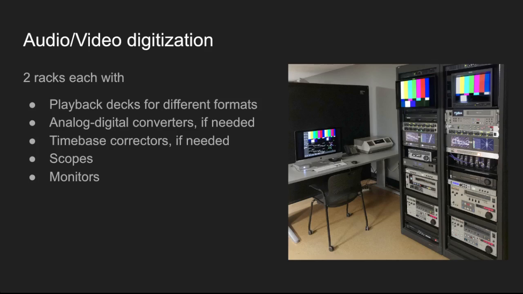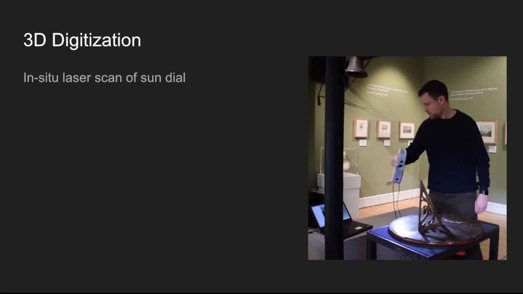All right, so the last one that I want to talk about is 3D digitization. What we have here is somebody using a handheld laser scanner and beaming this thing around, and then we get a three-dimensional representation of this object.